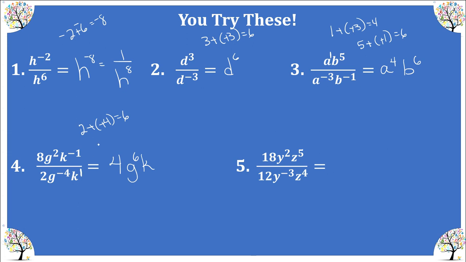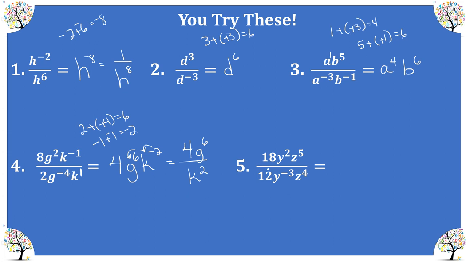Our k is negative 1 minus 1, keep, change. I get negative 2. So the 6 is attached to the g, the negative 2 is attached to the k, and 4 just has an understood 1. So the 4 and the g factor remain in the numerator, and my k is going to go to the denominator.